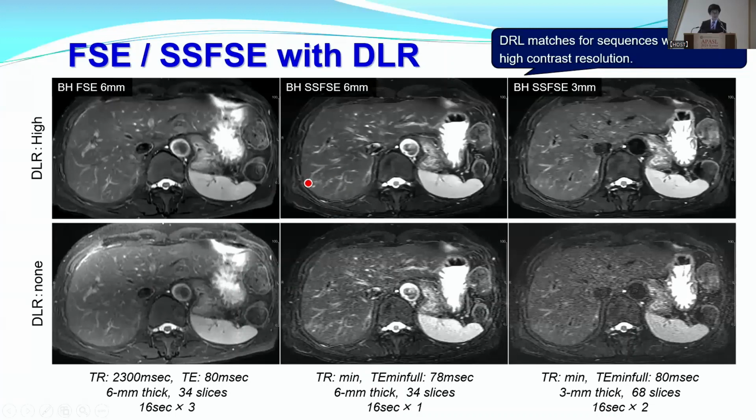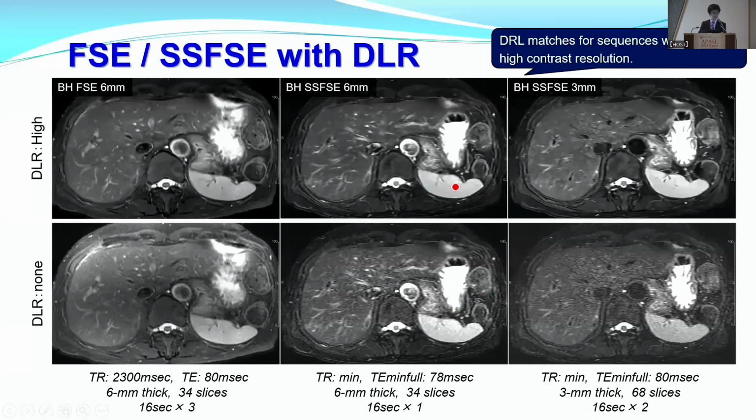This is our study obtaining three types of T2 weighted images: a conventional fast spin echo T2 weighted image, a 6-slice single shot T2 weighted image, and a thin slice single shot T2 weighted image. Before applying deep learning reconstruction, substantial image noise is prominently observed, especially on the single-shot T2 weighted images.